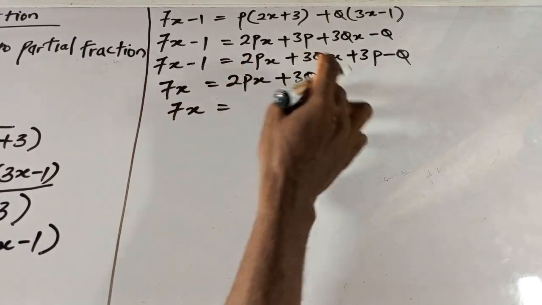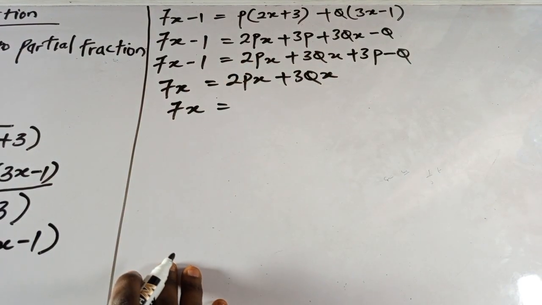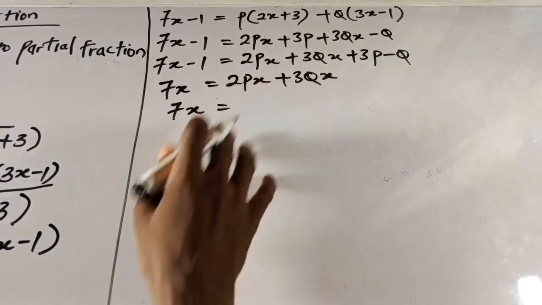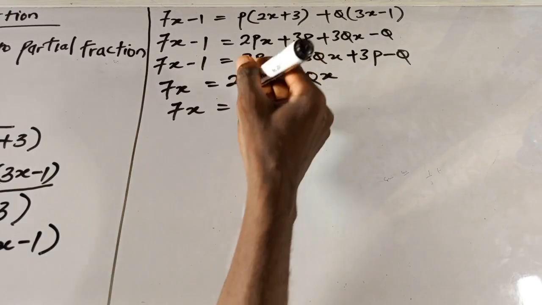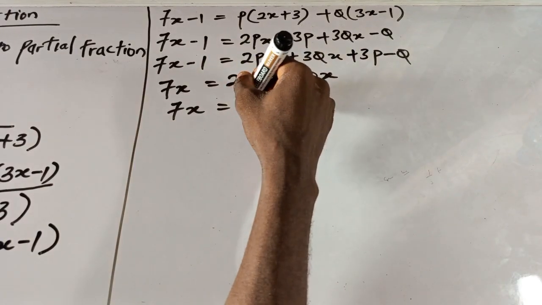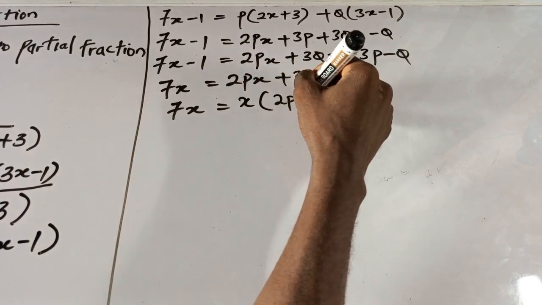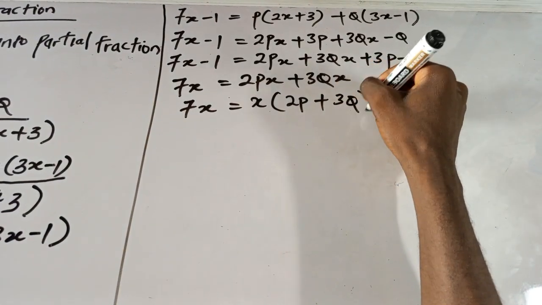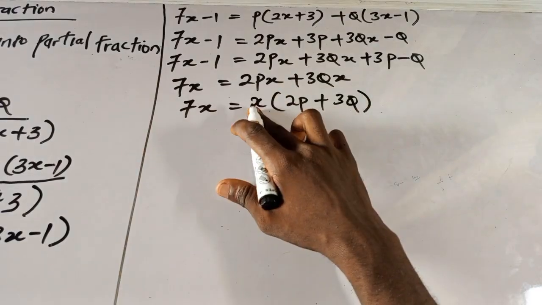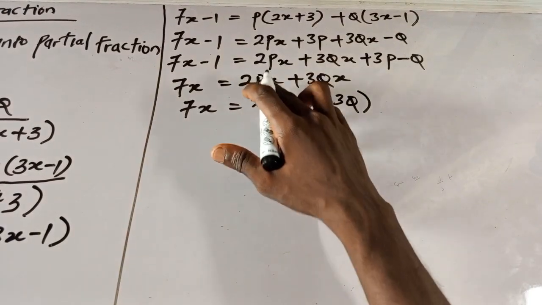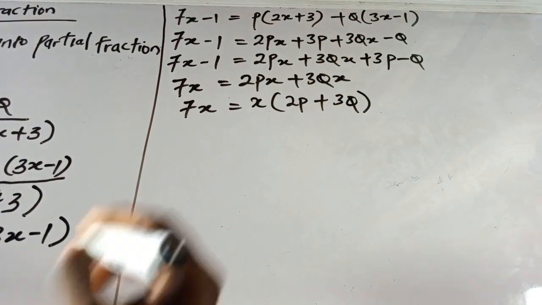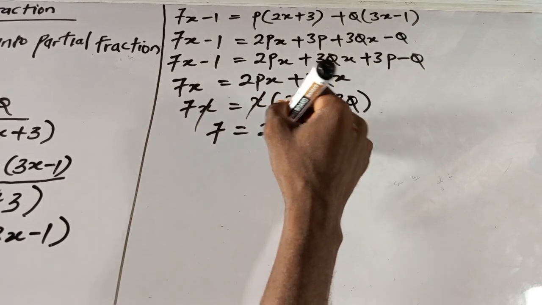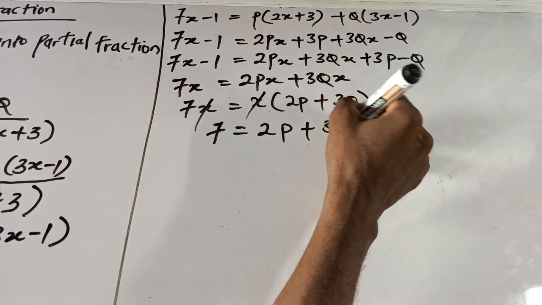What's common? You can see that x is common between these two terms. So we have x times (2p + 3q), and x can cancel out with the x here. So we have 7 equals 2p plus 3q.